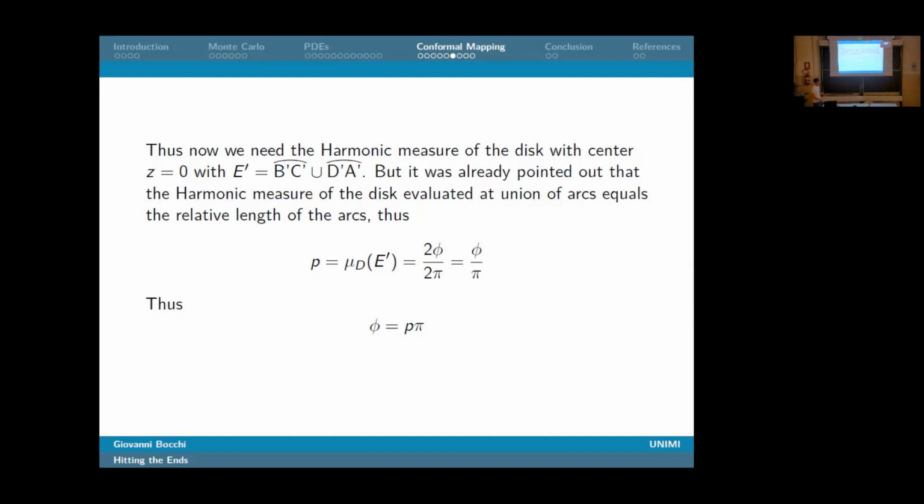We obtain that p, which is the same p as before, is the harmonic measure also in this case, and so we obtain it as the relative length of the union of those arcs divided by the total length of the boundary of the circle. And so by simplifying, we obtain that phi is equal to p pi. So if we know phi or p, we have the other one.